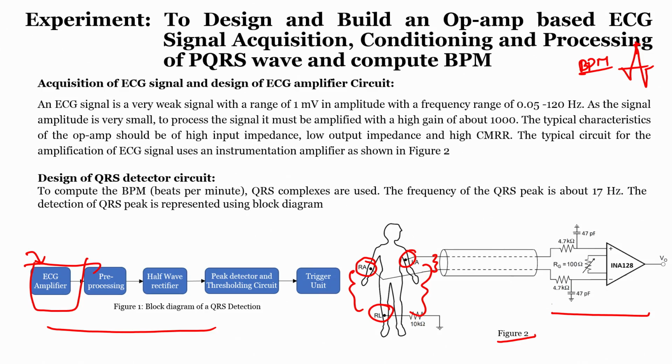One major filter we require is a low pass filter with a cutoff frequency of 100 hertz, and a high pass filter with a cutoff frequency of 0.5 hertz, then a notch filter at 50 hertz. So, these are the major filters. In this particular subsystem, we will be designing filtering circuits which can remove all the artifacts that interfere with processing our ECG signal.